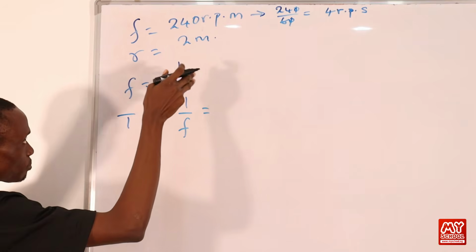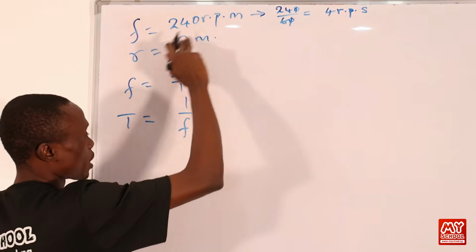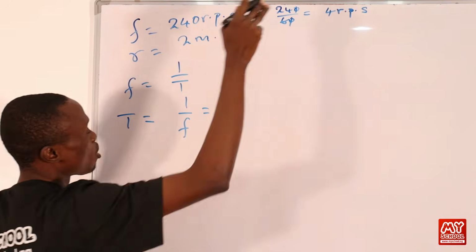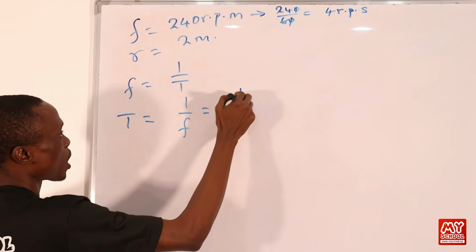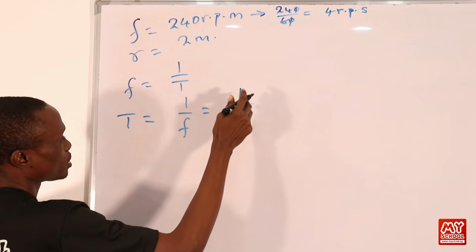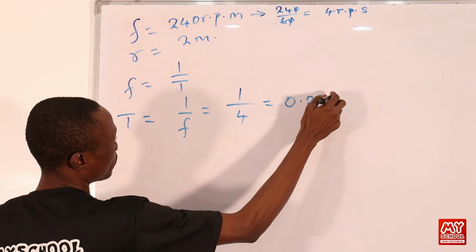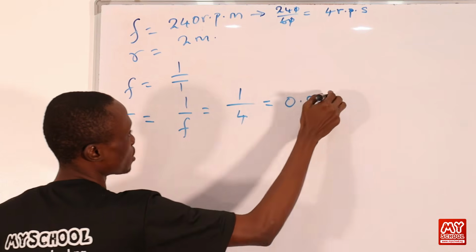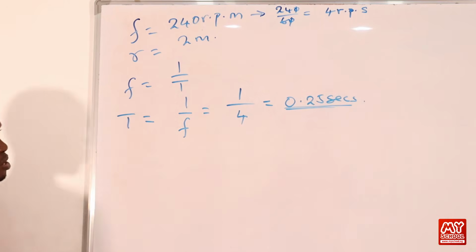From our calculation, we got frequency to be equal to 4 revolutions per second. So here we just substitute, so that we'll be having 1 over 4. And 1 divided by 4 is equal to 0.25. And remember, period is measured in seconds. So our period is equal to 0.25 seconds.